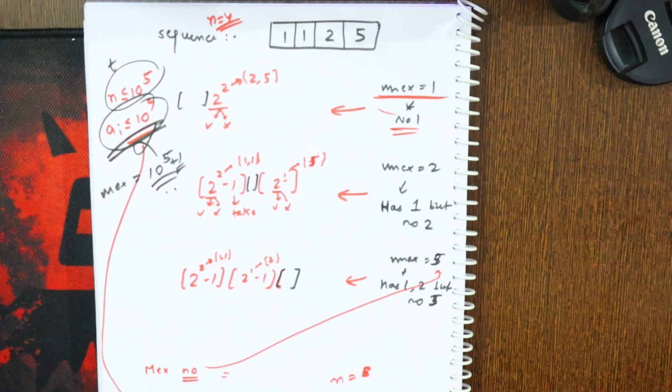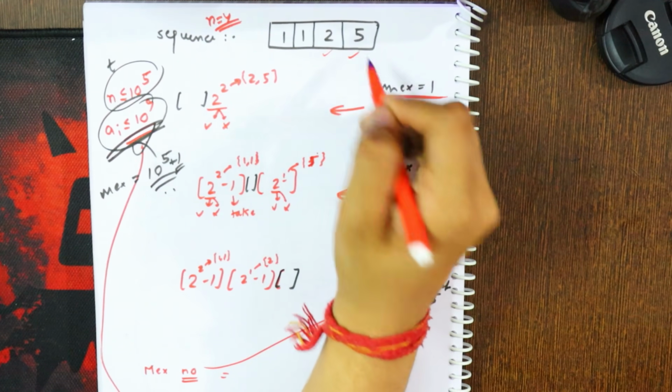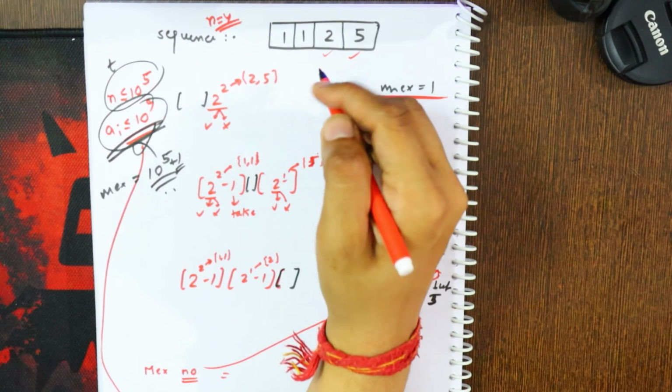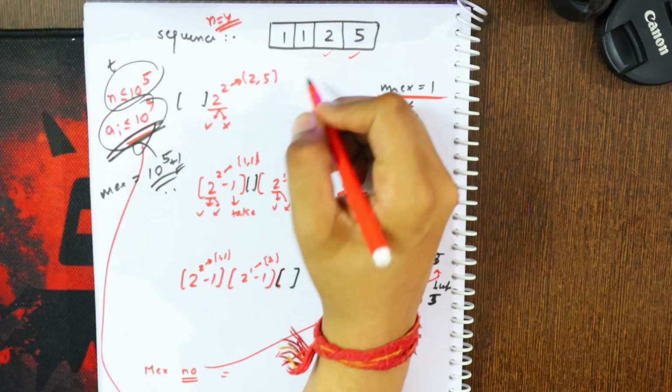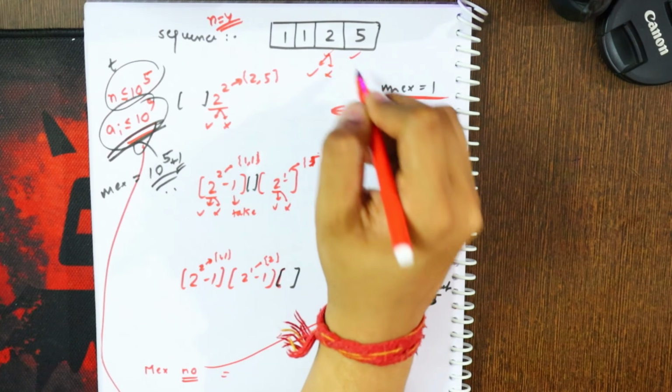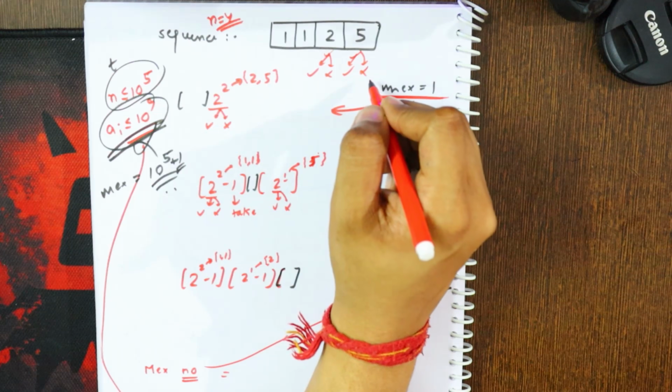So the only remaining options are 2 or 5. As I spoke about earlier, to have anything we have 2 options: either we will have it or we will not have it.